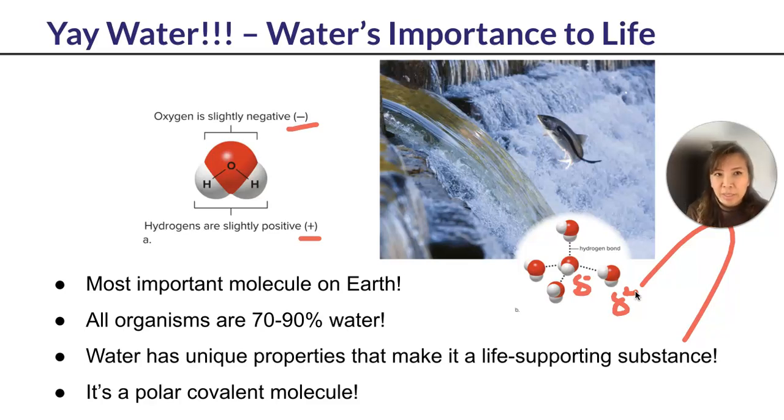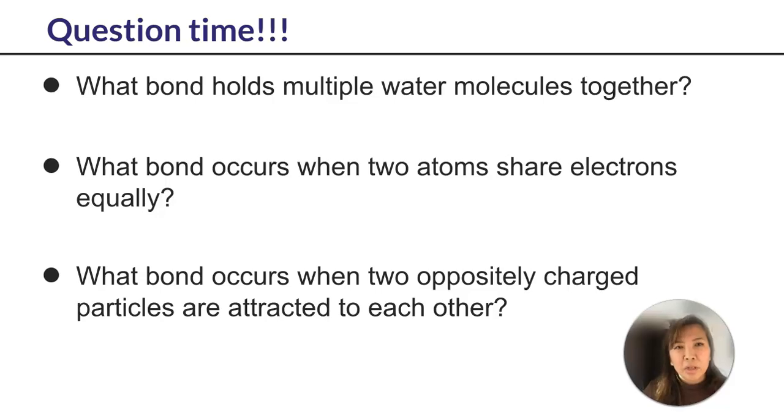Okay, so let's take a little bit of a moment to kind of review what we've been talking about with regards to bonding. So which bond holds multiple water molecules together? So kind of recall that we're trying to talk about, let's say, this little guy, right? And we have another one over here, which is our water molecule.